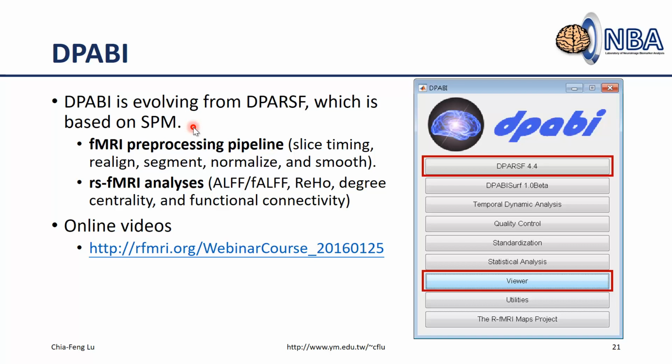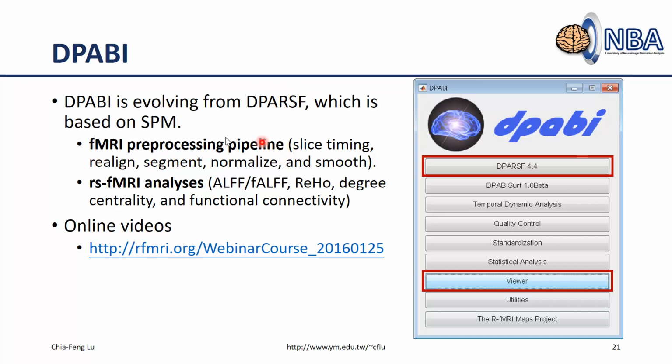If you run DPABI or DPARSF and see an error message in the MATLAB command window saying there is no function of SPM, that means you need to download SPM and include the SPM path in MATLAB first.